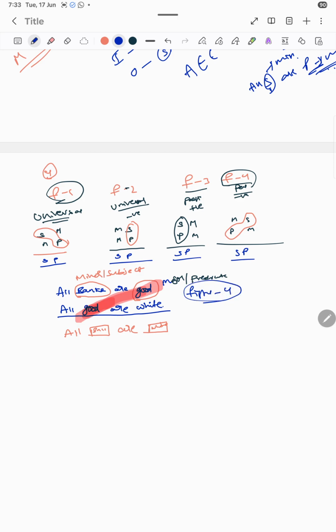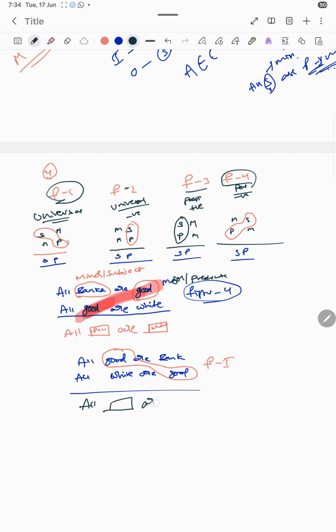Now if we go for figure 1, let us take one example where figure 1 is there. All good are bank, all white are good. Now if you see here, good got covered up, right? This is figure 1. Now the conclusion will be like all. Here what you need to do, subject.